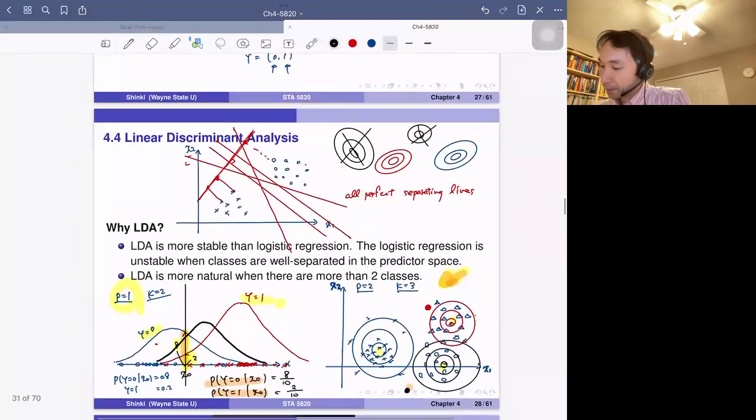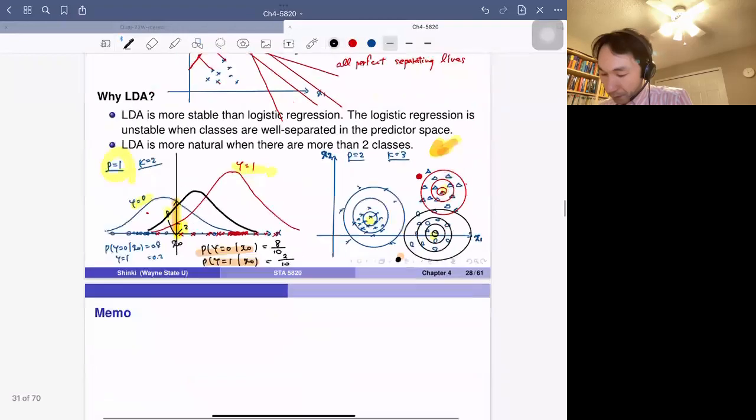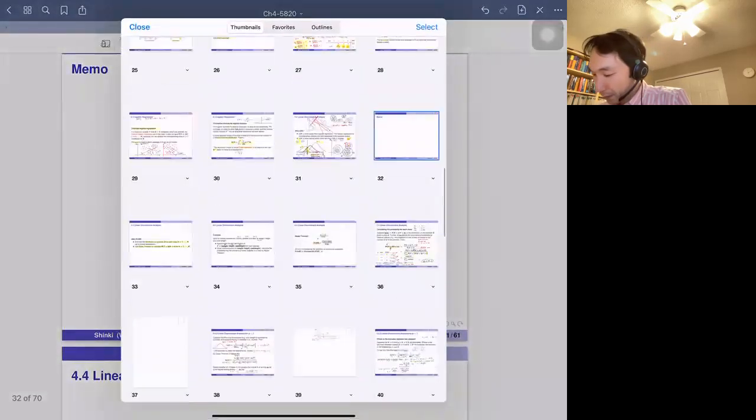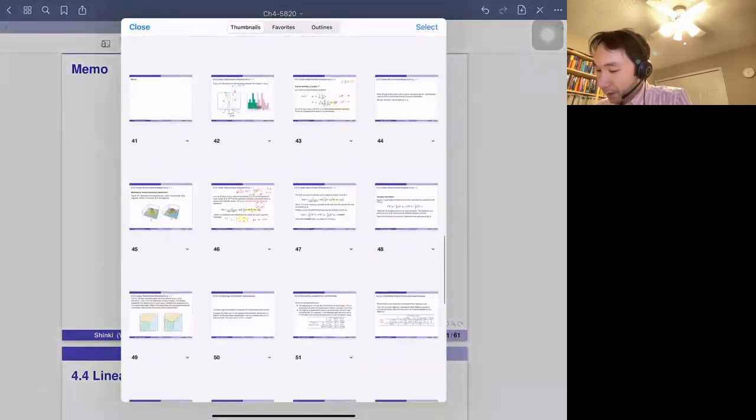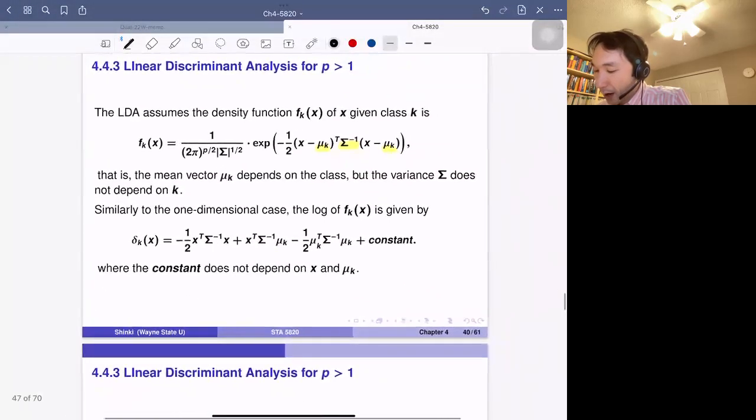Same shape. Yeah, so this is our assumption.